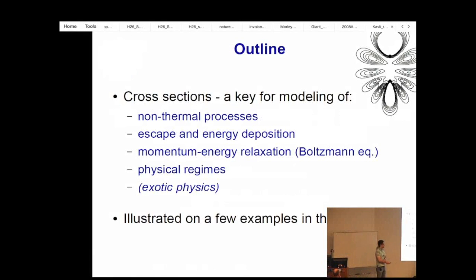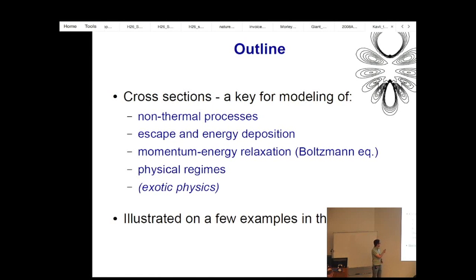pretty much all the microphysics, all the physics that we have to include will be contained in the cross sections. And every time we have to deal with any kind of system that contains a gas and photons and dynamics and kinetics, we'll have to input all this information in terms of cross sections.